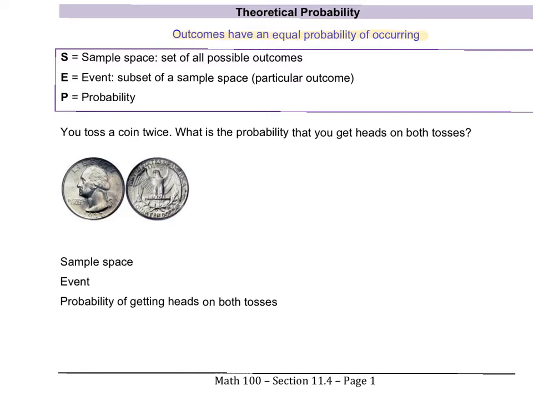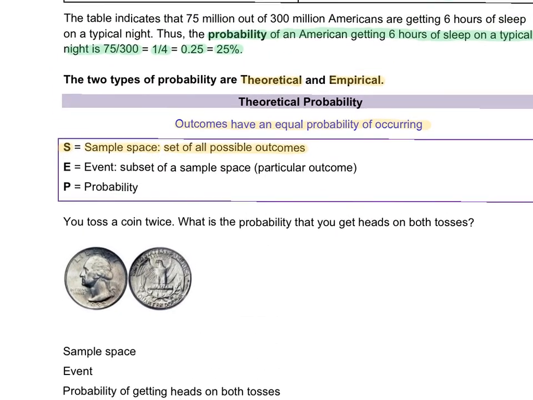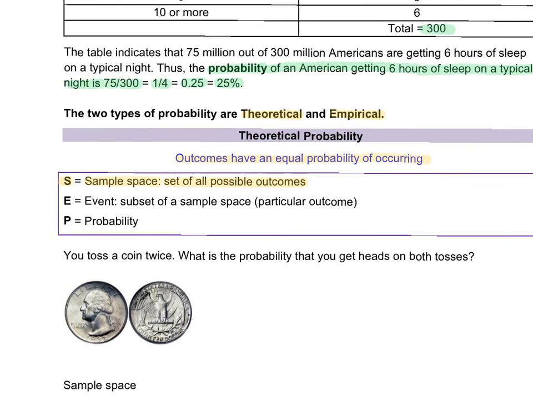But first of all, I want to go over some notation that you might see. If you see a capital S, that stands for a sample space, which is the set of all possible outcomes. Going back to our table, our sample space is all the possible things that could happen. So in our case, this would be the 300. So it's like a total.